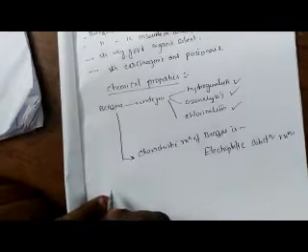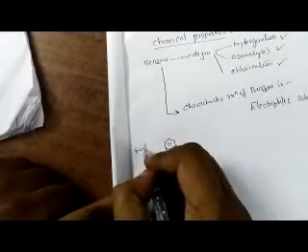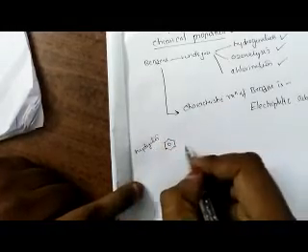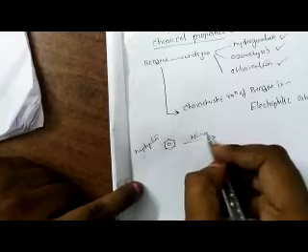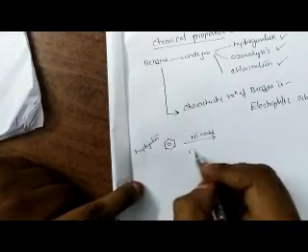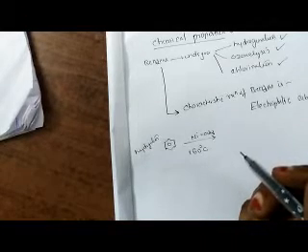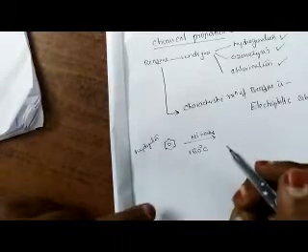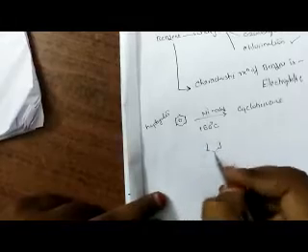First we will discuss hydrogenation. On treatment of benzene with nickel catalyst at 160 degrees centigrade, we will get cyclohexane. The reaction is as follows.